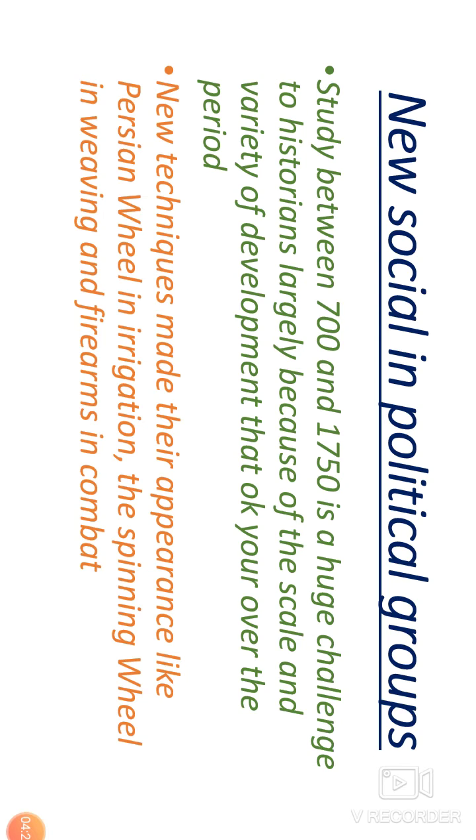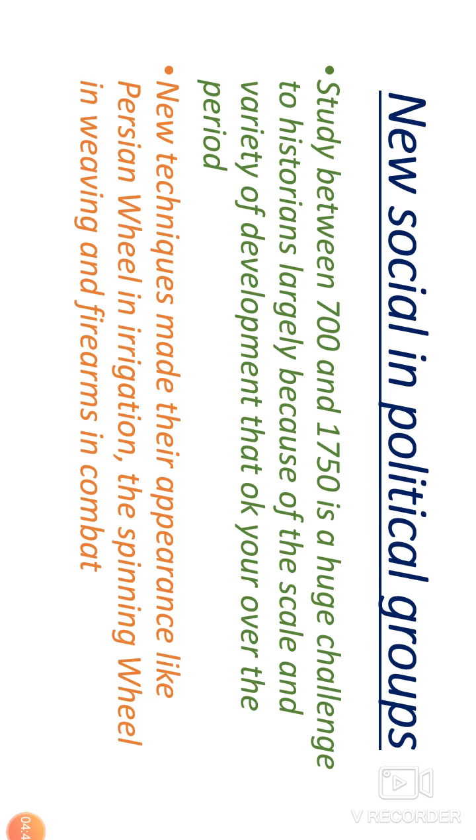Then see, new social and political groups. Studying the period between 700 and 1750 is a huge challenge for historians, largely because of the scale and variety of developments over the years.